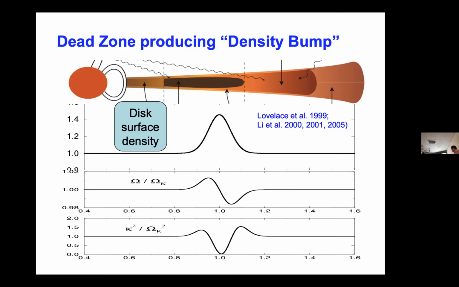Okay, so now this is what would happen to the gas: it will break up into vortices, and then you add dust to it. I didn't explain that the vortices are actually anticyclones.